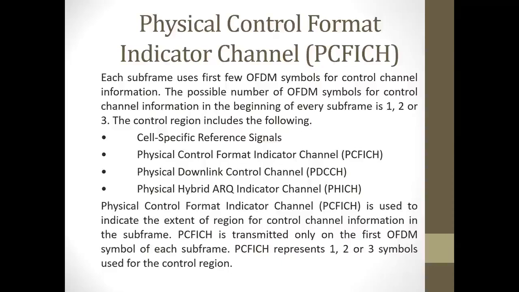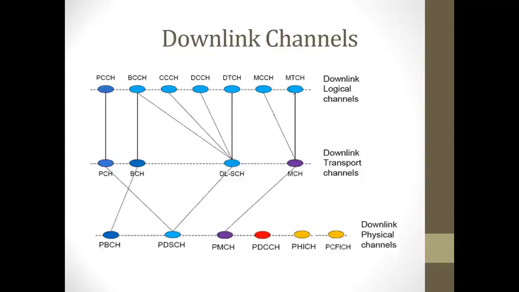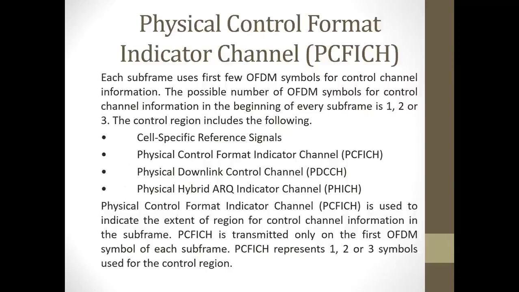I'll tell you what it is. After reading this one, the next step for the UE is to read PDCCH. So there will be transmission in the downlink from the eNode B for all these channels. First, it captures PCFICH and reads it. Once it reads it, then it can read PDCCH. Now we know the time frequency grid.